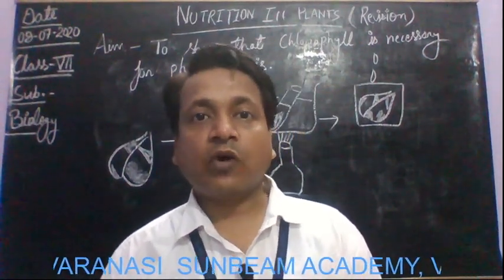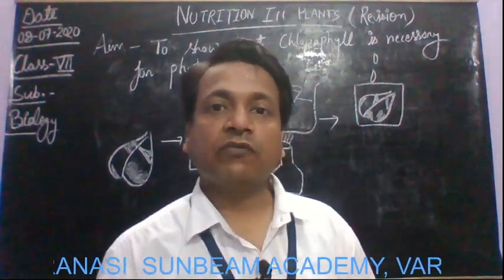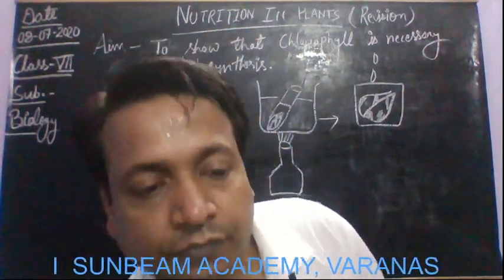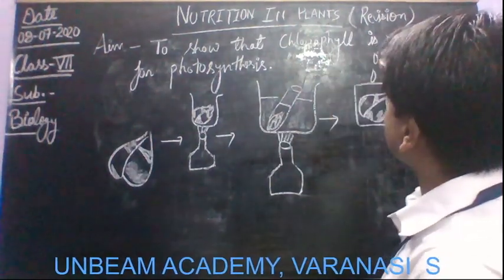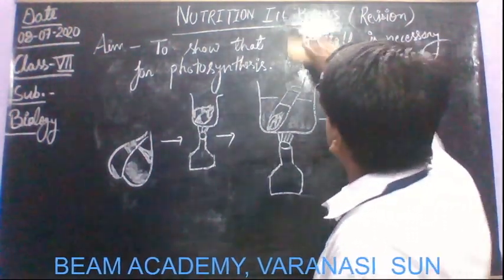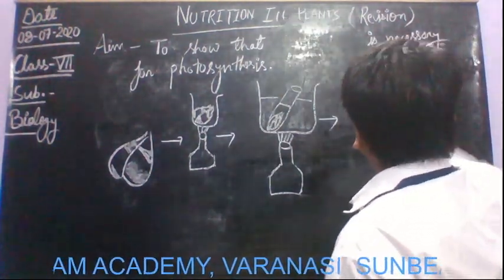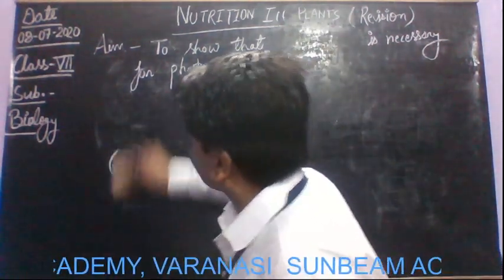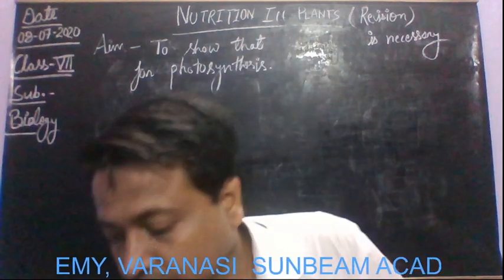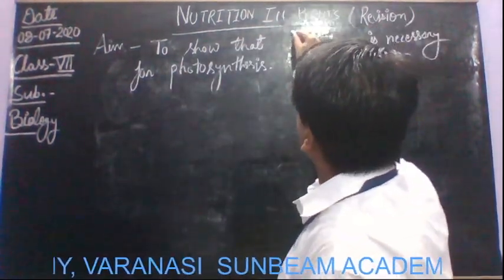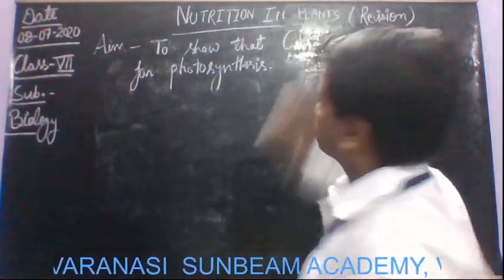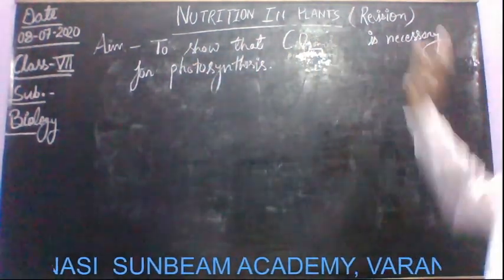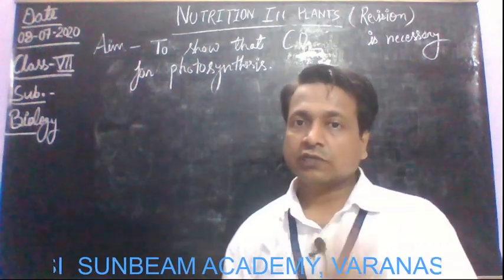Now, children, after this activity, we have one more activity in the chapter in which we can show another important condition which is necessary for photosynthesis, that is carbon dioxide. So our objective is to show that carbon dioxide is necessary for photosynthesis.